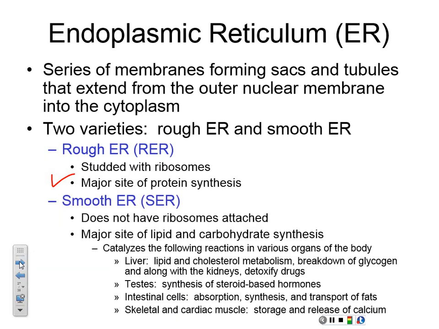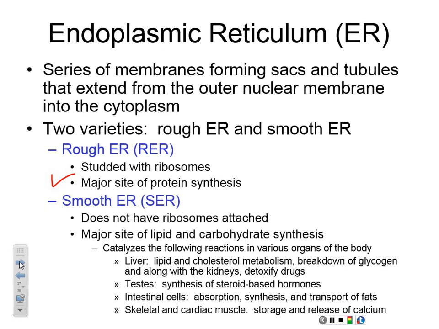The smooth endoplasmic reticulum, on the other hand, I always associate smooth with something that's sleek, like a lipid. So the smooth endoplasmic reticulum is the site of lipid synthesis and carbohydrate synthesis. But the smooth endoplasmic reticulum has different functions in different organs. Like in the liver, it creates glycogen and so forth.